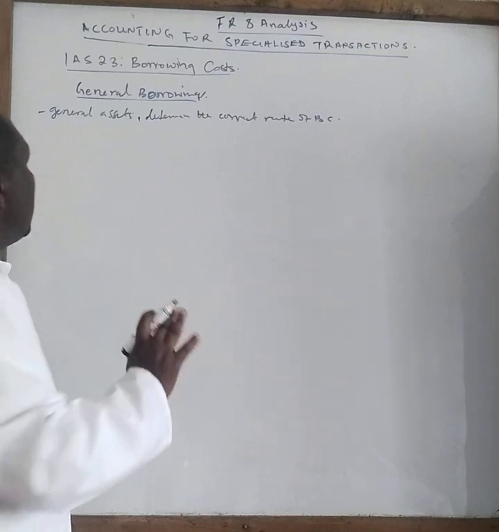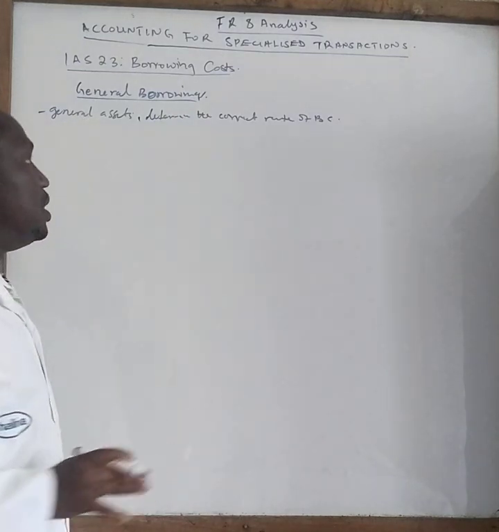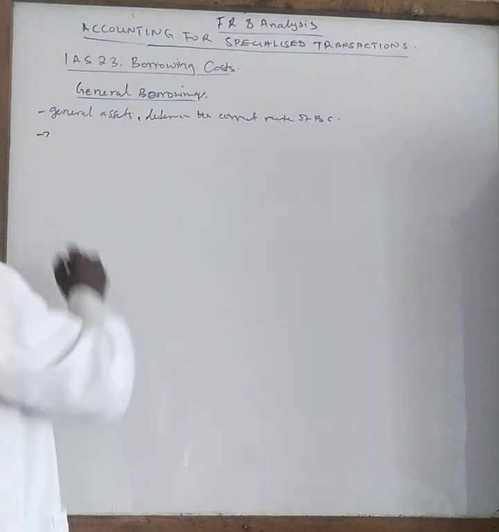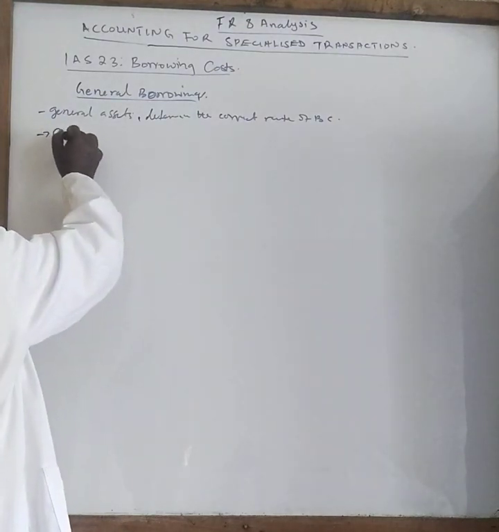From the question given, you have to know, is it general or specific? For that matter, if it is general, we need to calculate the rate, what we call capitalization rate.